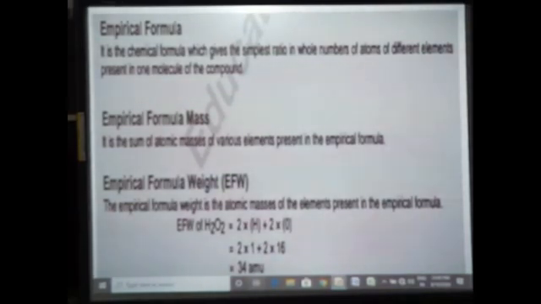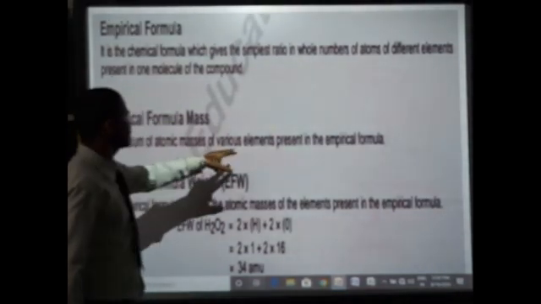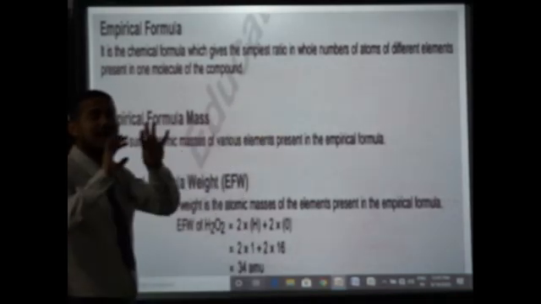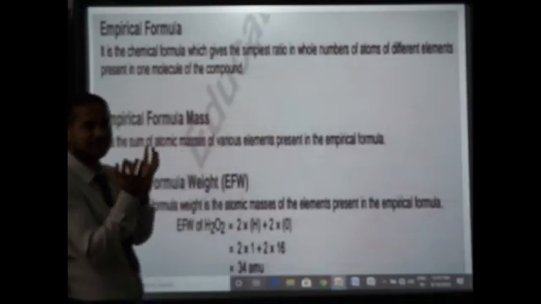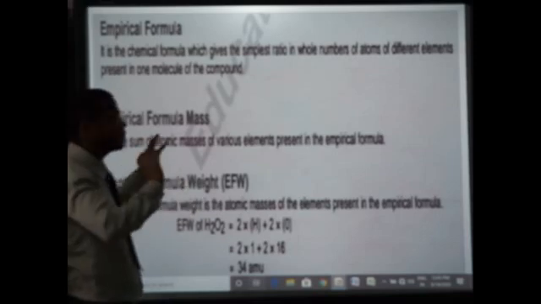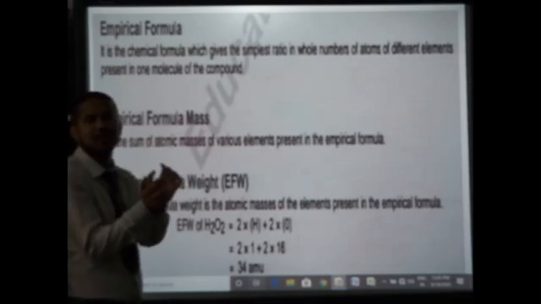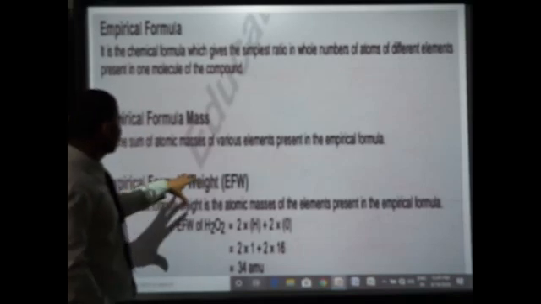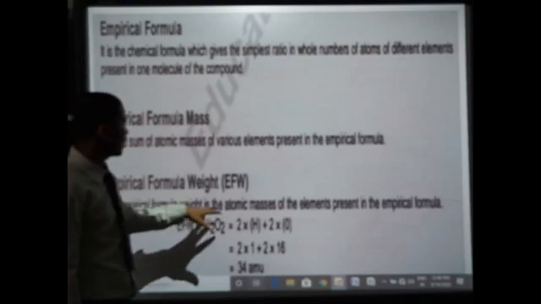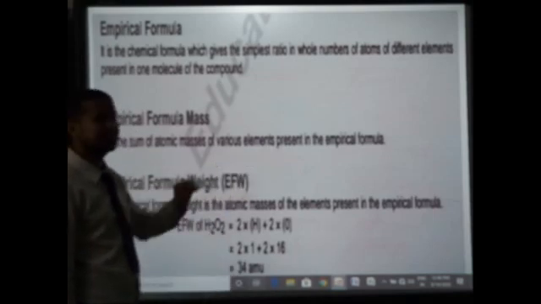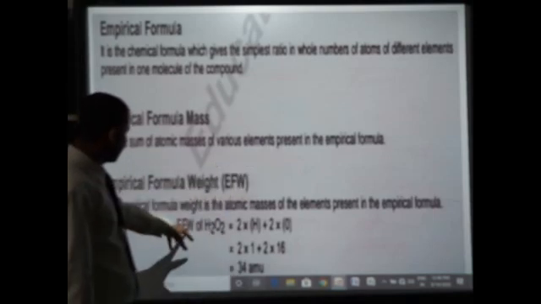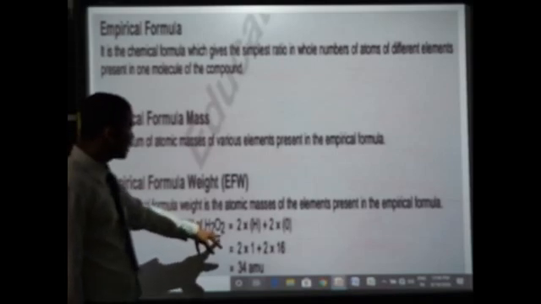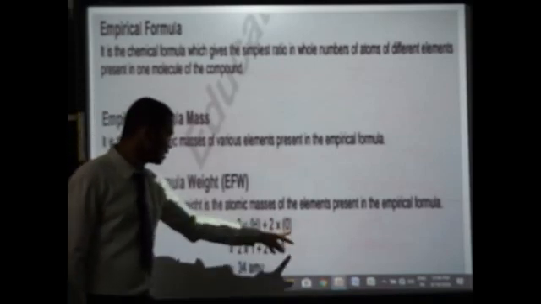Then empirical formula mass. It is the sum of the atomic masses of the various atoms present in the empirical formula. Then empirical formula weight, for example of hydrogen peroxide, can be calculated like this.